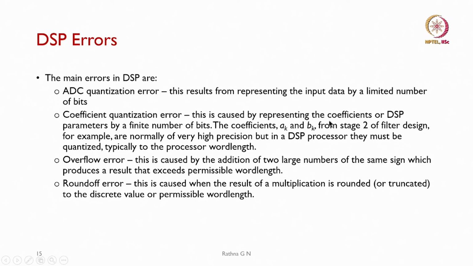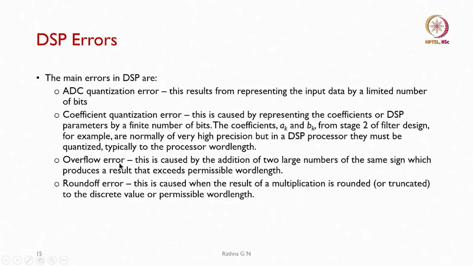That is, representing coefficients or DSP parameters by a finite number of bits. The coefficients AK and BK from stage 2 of filter design, for example, are normally of very high precision, but in a DSP processor they must be quantized, typically to the processor word length. And then next, once I have done the coefficient quantization error, I have looked in.